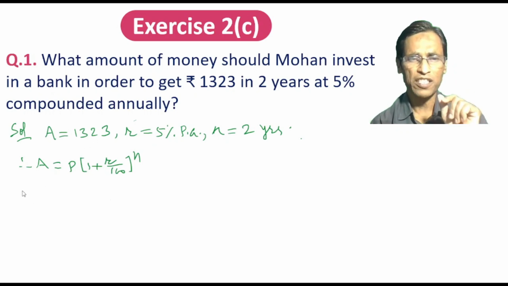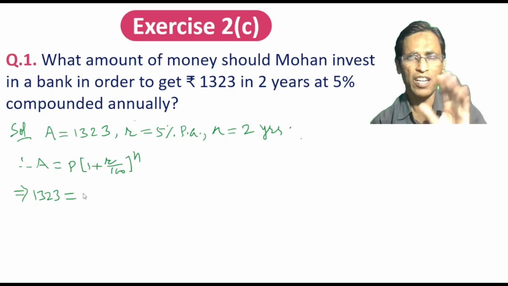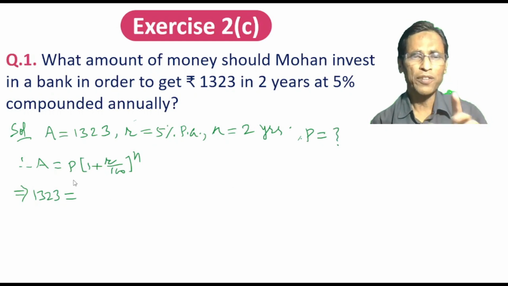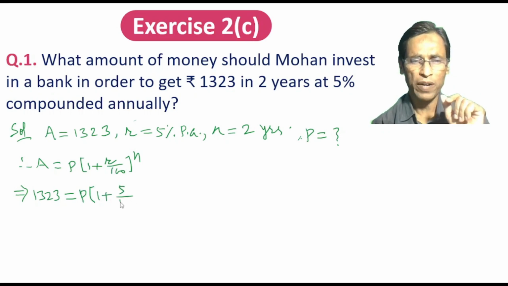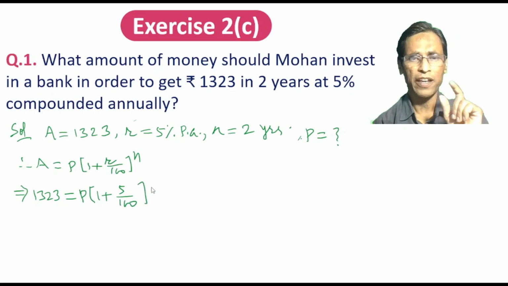So A will be replaced by 1323 equal to P. P is unavailable. We can mention it here as P is unavailable, and so we leave it as it is. P, and then under bracket 1 plus R. R is 5%, so 5 by 100. And n is available as 2 years, so it will be replaced by 2.